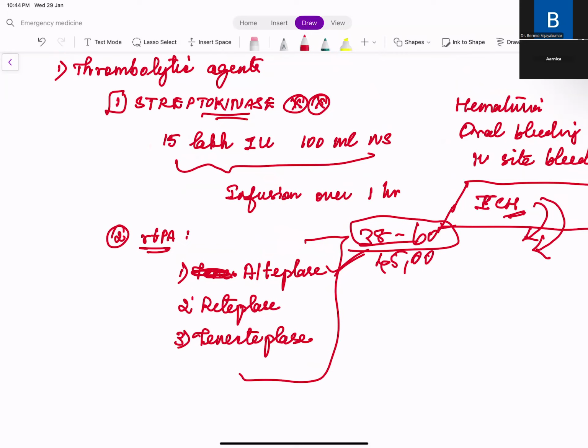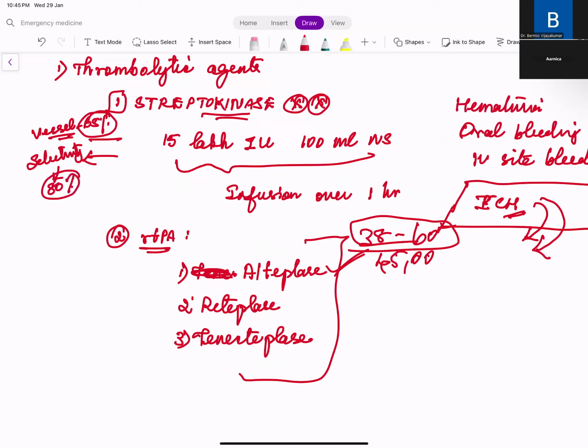So there are two things which you have to see. One is the vessel patency, that is how effective the thrombolysis is for the coronary vessels, and another is the selectivity, whether they cause bleeding in other places. So I think for streptokinase 65% is the efficacy rate of thrombolysis, whereas selectivity is, I think, 80%.